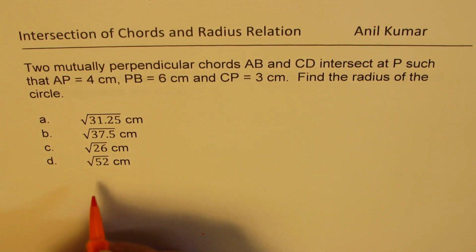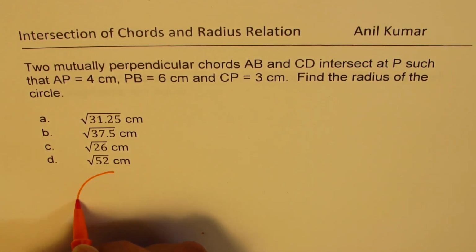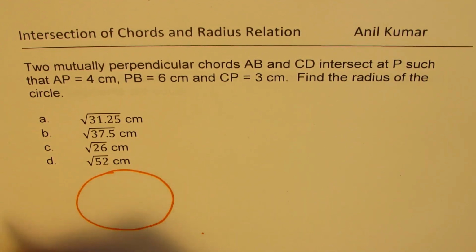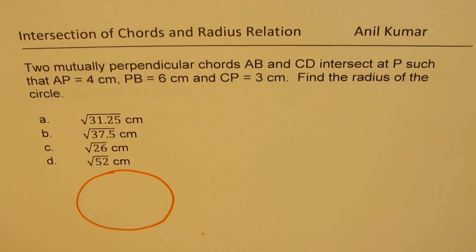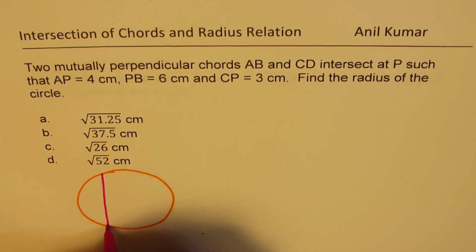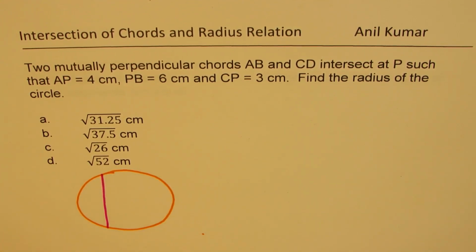Now to help you answer, let me sketch, at least provide you with a diagram. So let us say this is the circle we are talking about, and we have two chords which are intersecting. To make it simpler, we'll take perpendicular chords as vertical and horizontal.